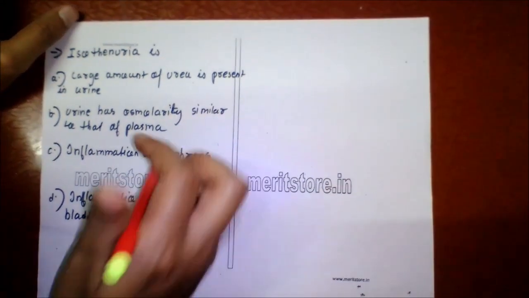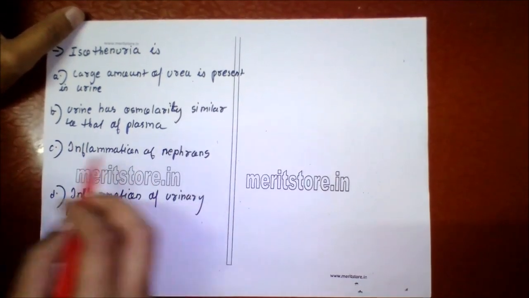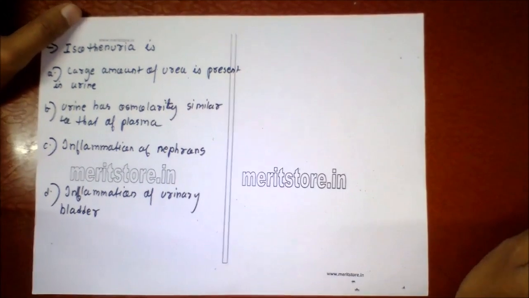Isothenuria is: A. Large amount of water is present in urine, B. Urine has osmolarity similar to that of plasma, C. Inflammation of nephrons, D. Inflammation of the urinary bladder.